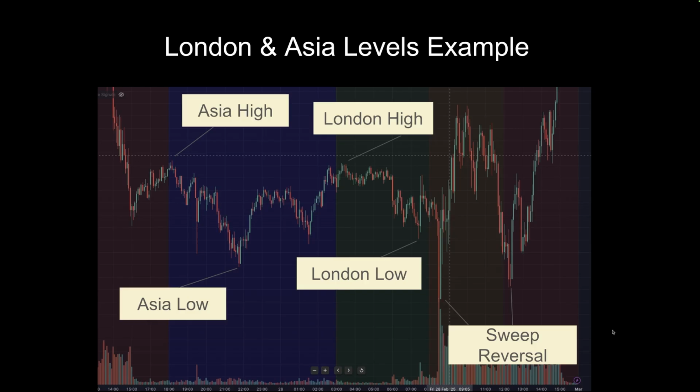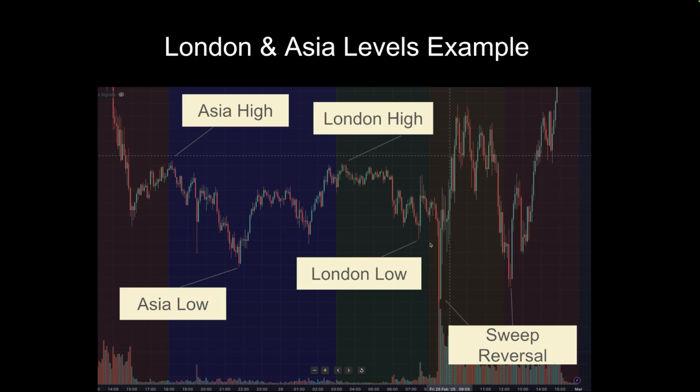And so we look for areas where we can identify these lows and highs and for price to come back down and retest. And the beauty of this is that once you have these levels, you don't have to do anything. You can mark these levels and sit back in your chair and just chill and wait. Wait for price to come down to these levels. Wait for price to come test these key liquidity levels and see how it reacts.